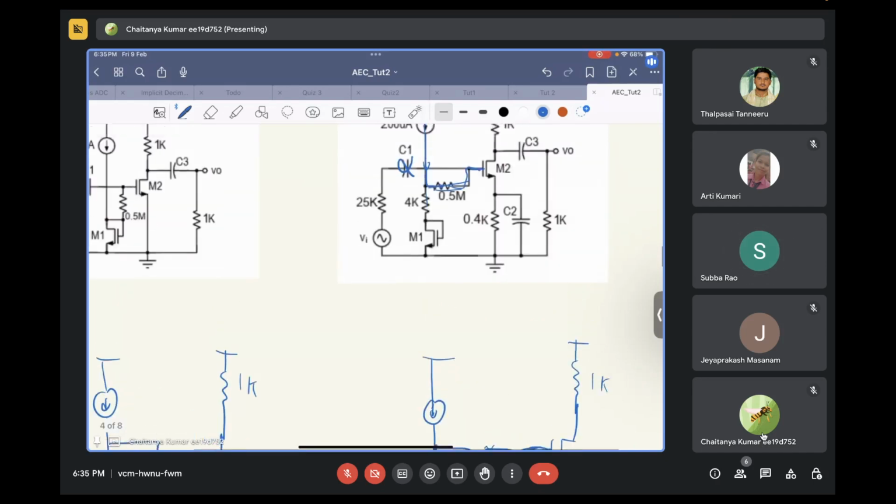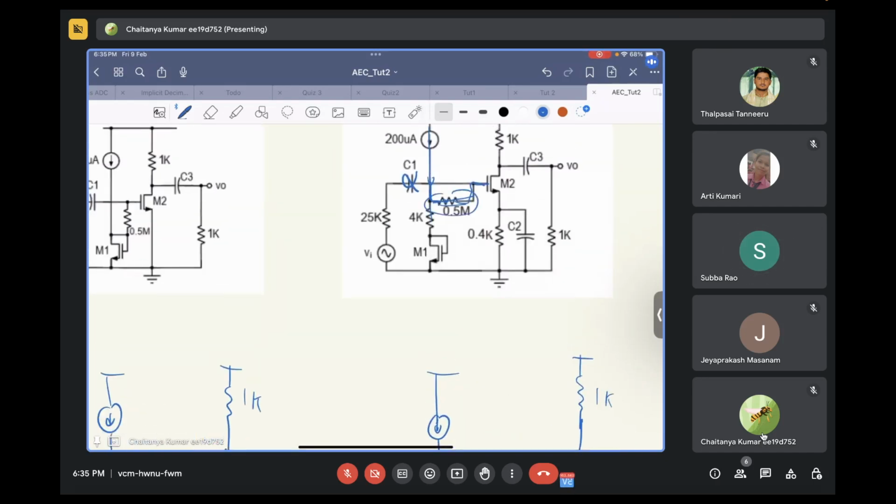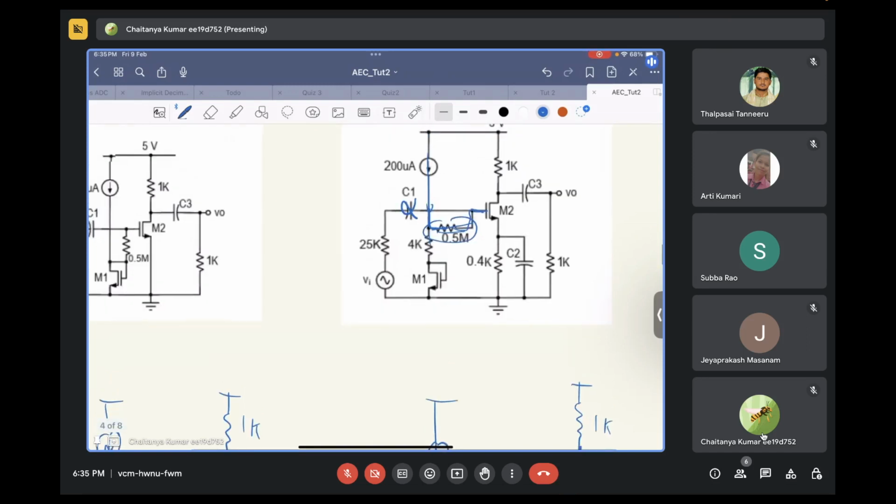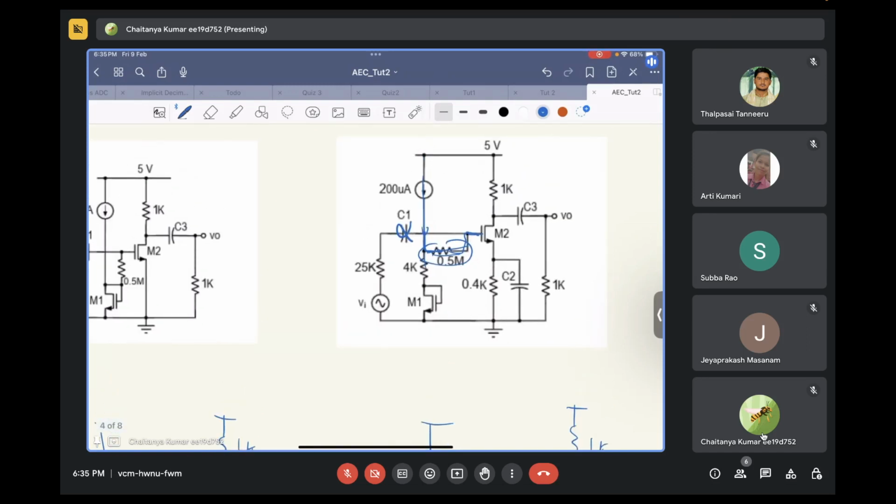That 0.5 mega ohm resistor is put in place just for the purpose of small signal analysis, because when you do the small signal analysis, this capacitor becomes a short. You have 25k over here, and then it goes to the gate. Before going to the gate, you have this 0.5 mega ohm.